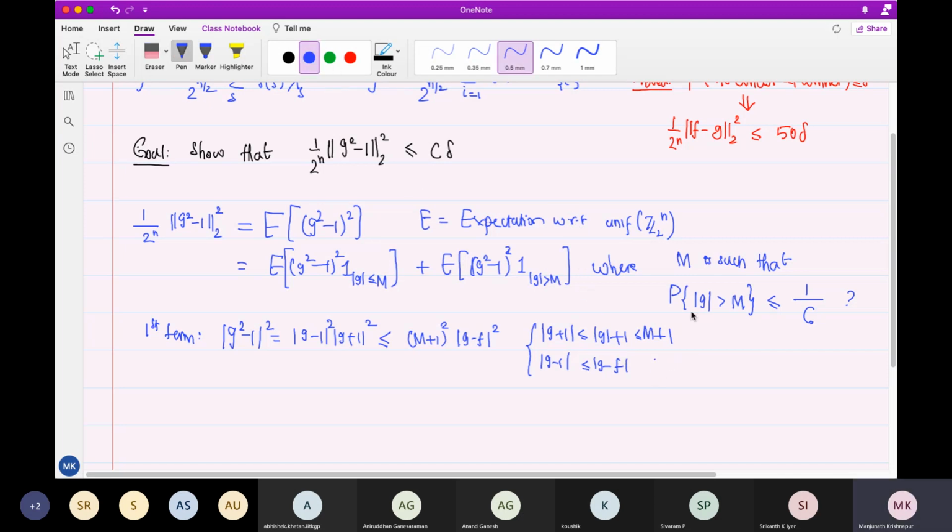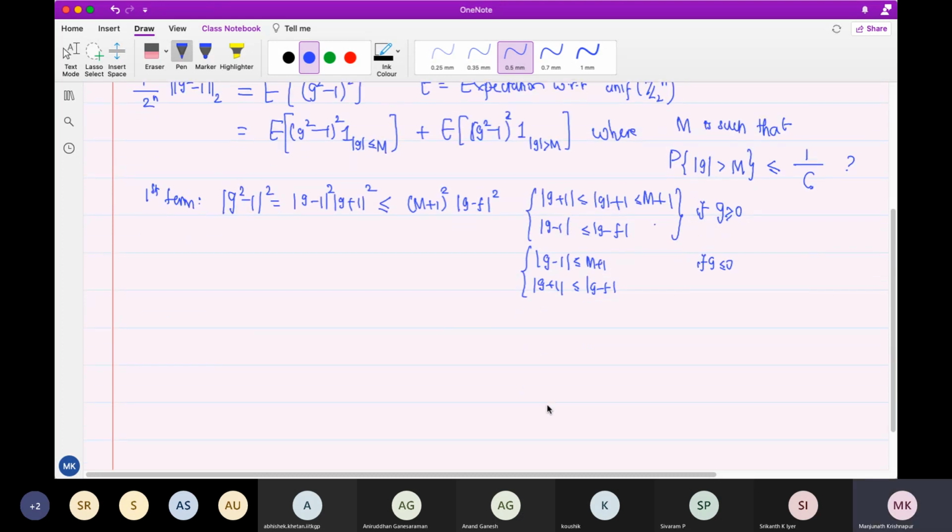Strictly speaking, we use this if G is positive, and if G is negative, we use it the other way: we bound G minus 1 by M plus 1, and G plus 1 is bounded by G minus F. Okay, so this is the way we will do it. I hope it is okay. Is this all right or not? Am I making a mistake?